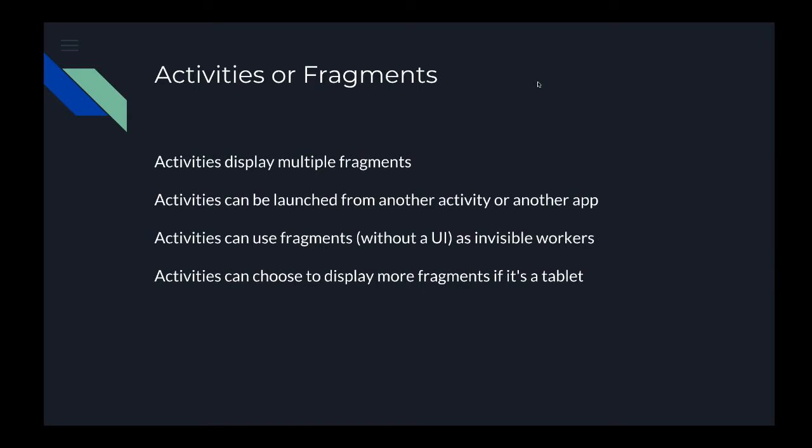The activities can be launched from another activity or another app. So when I dumped the user out to get directions to that office, I was actually launching Google Maps, and you can deep link into certain apps and say, like for Facebook, for example, if you want to add a friend, you would say to the Facebook application, open up, but open up to this particular user's page.